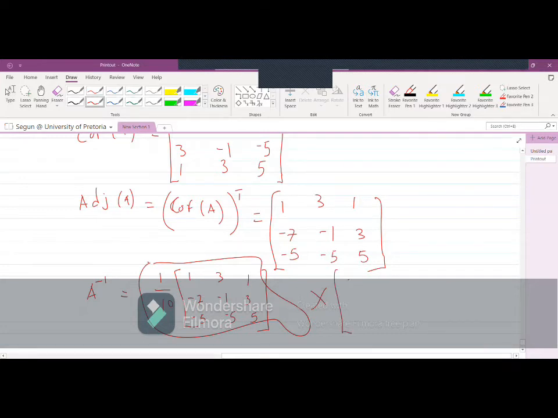Our B is 3, 5, 12. Good. So when you multiply it correctly, you have 1 all over 10. I believe you know that when multiplying, it is row multiplied by column. Everybody take note of that.